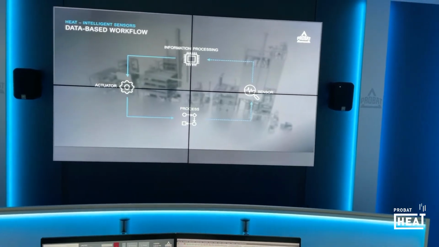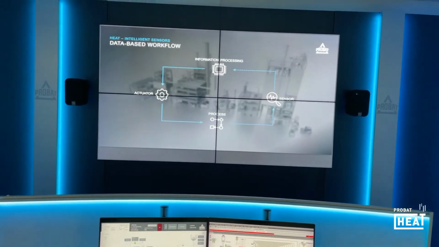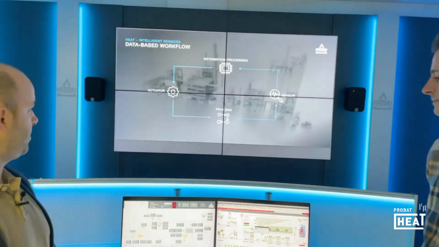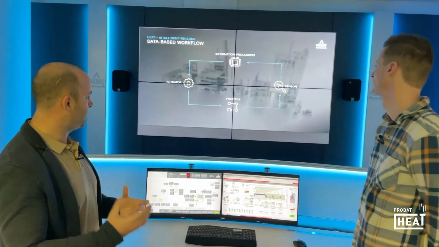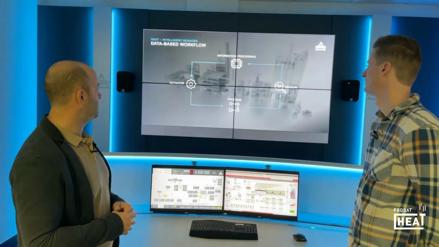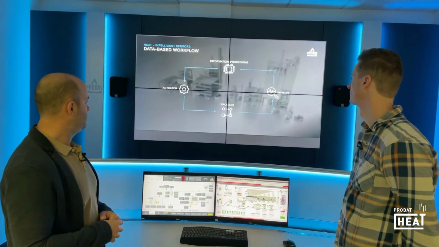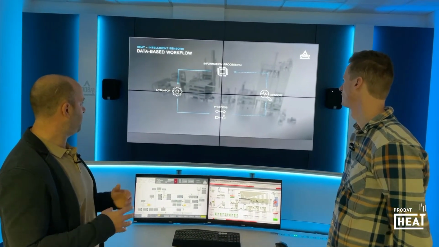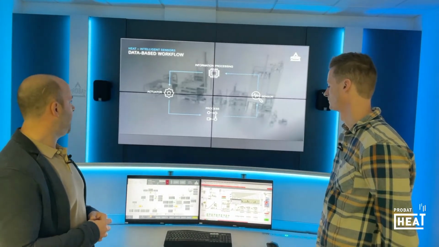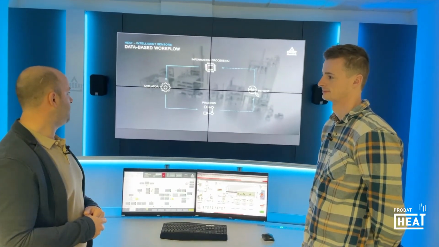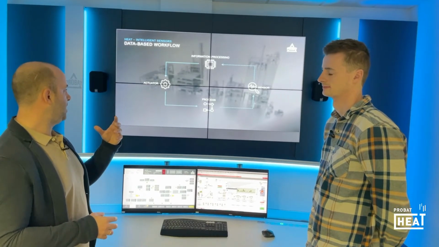In most areas it is a computer or something like that. There the information is processed, validated, compared with target limits, etc. And then based on these values, it can be that we have to control an actuator, which then has a direct influence on the process.